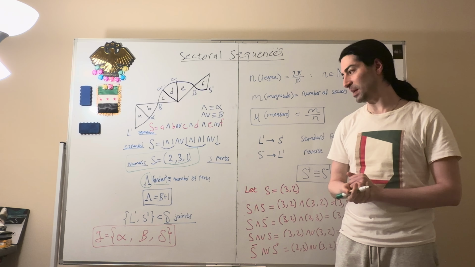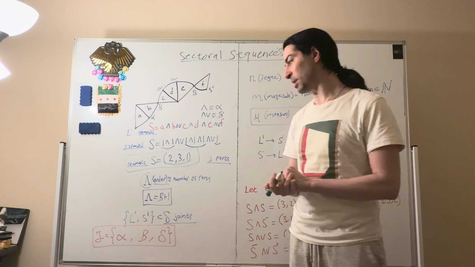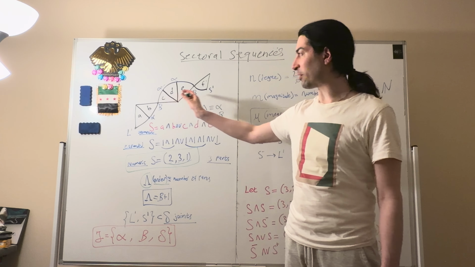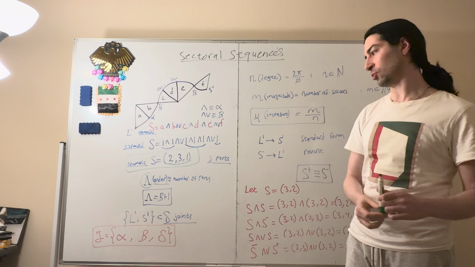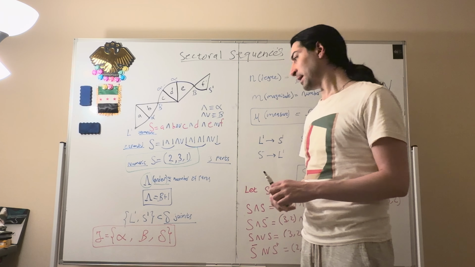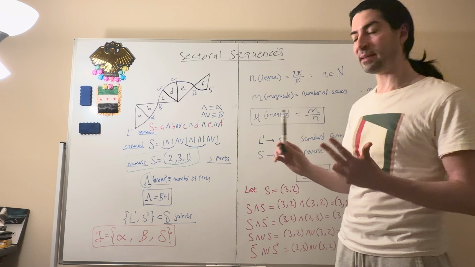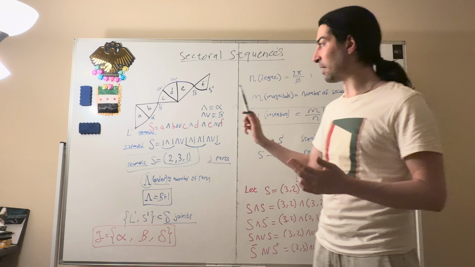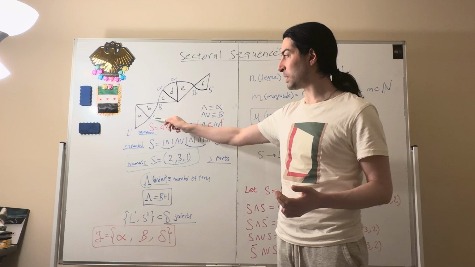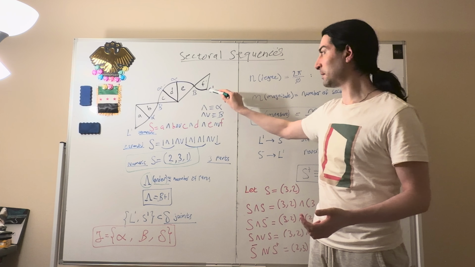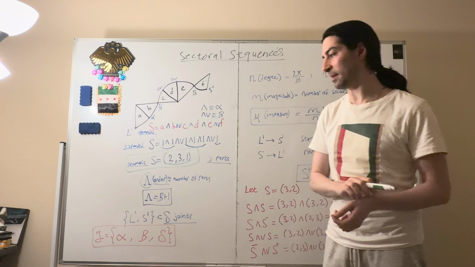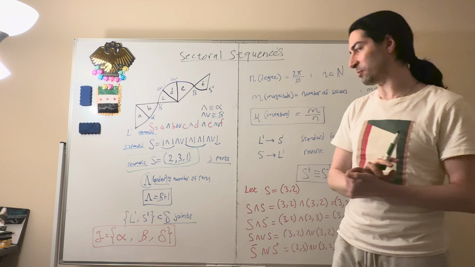And this is going to be useful again later on. So if we know the number of beta joints, we add 1 and we get the order of the sectoral structure. Now just to recap, we now have 3 types of joints. We have alpha, which are continuous, beta, which are alternating, and we have the delta joints, which are at the end. So we have 3 types of joints.